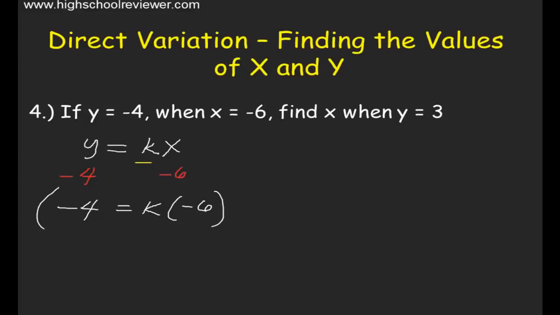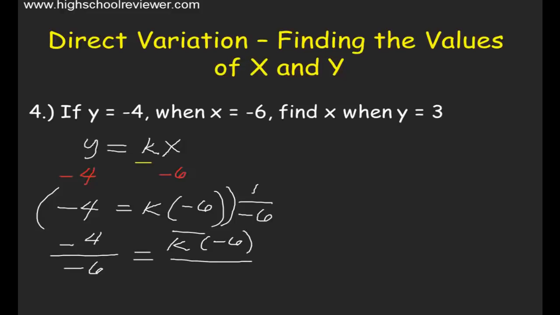So we need to cancel out negative 6. So divide both sides of the equation by negative 6. So negative 4 all over negative 6 is equal to k times negative 6 divided by negative 6.